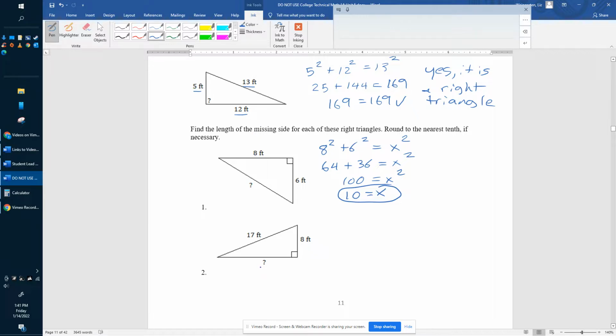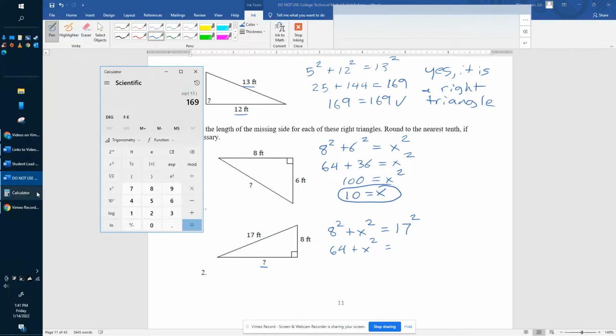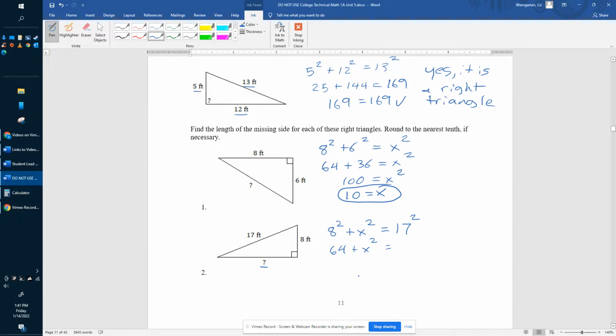Number 2, now we're missing a shorter side. So we are going to have to take 8 squared plus x squared and equal 17 squared. 8 squared is 64 plus x squared and 17 squared. I'm not even going to pretend to know that one. 289.